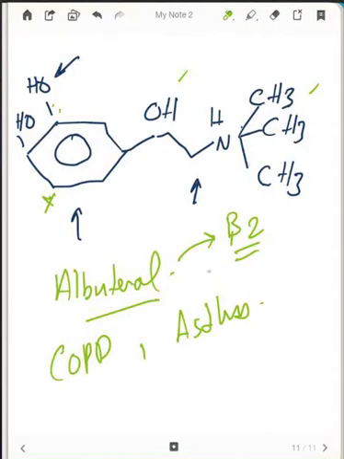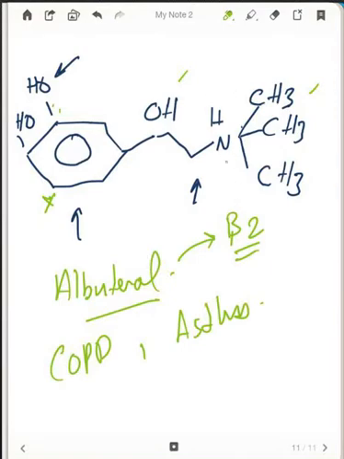It won't affect the alpha 1 and the beta 1 receptors as much, and that's one way that we can make use of the whole lock and key analogy a little bit. This is a slightly different key than epinephrine, so it'll affect different receptors differently, and in the case of albuterol it does, and you don't have as many side effects when you administer albuterol.